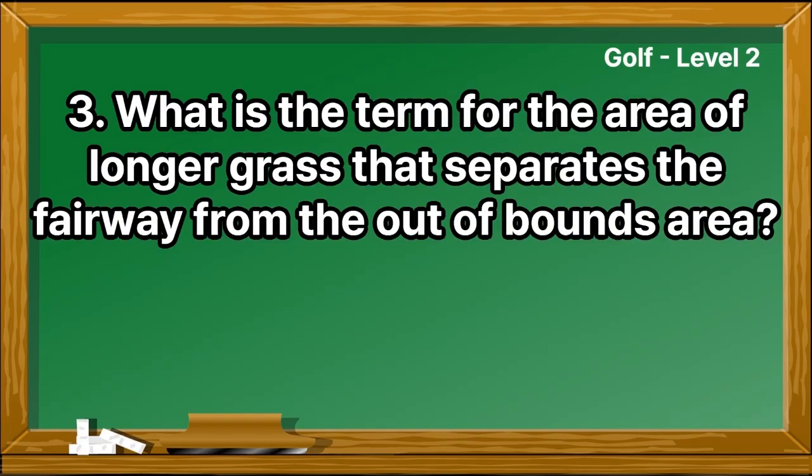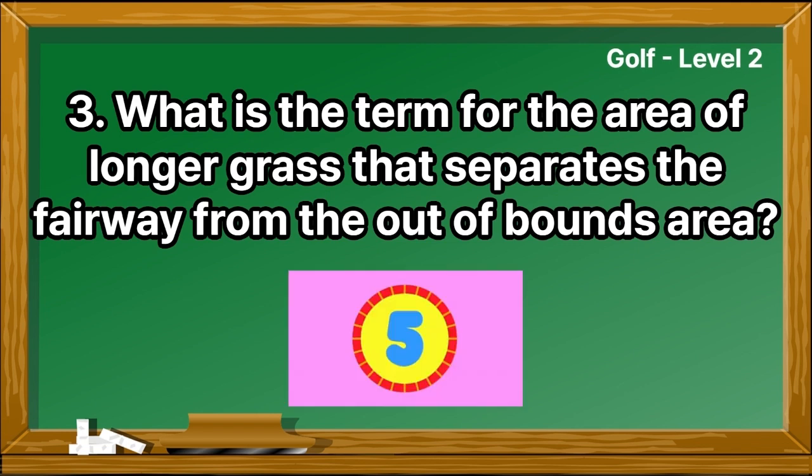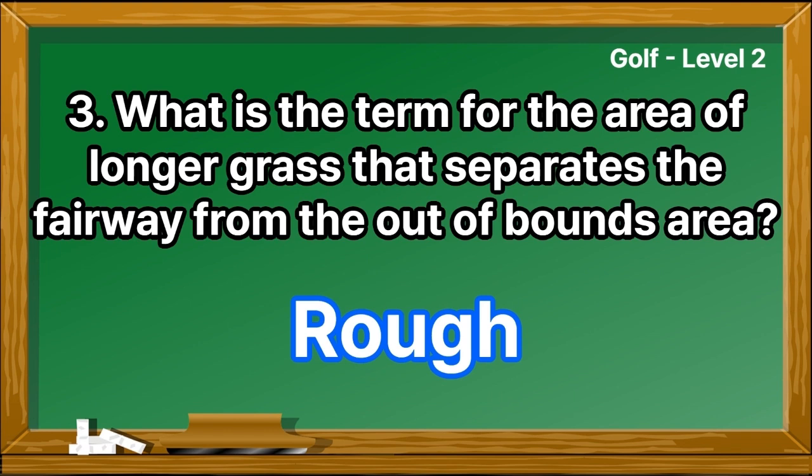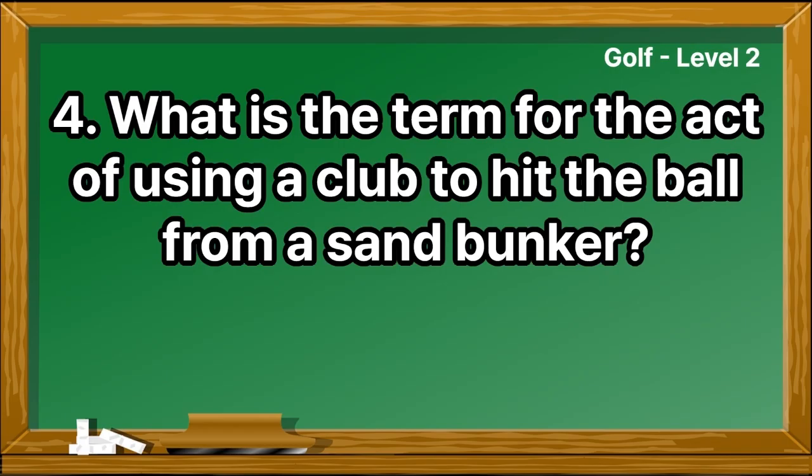What is the term for the area of longer grass that separates the fairway from the out-of-bounds area? Rough. What is the term for the act of using a club to hit the ball from a sand bunker?